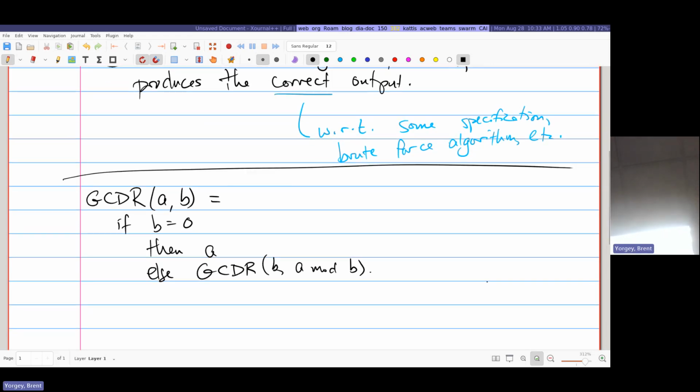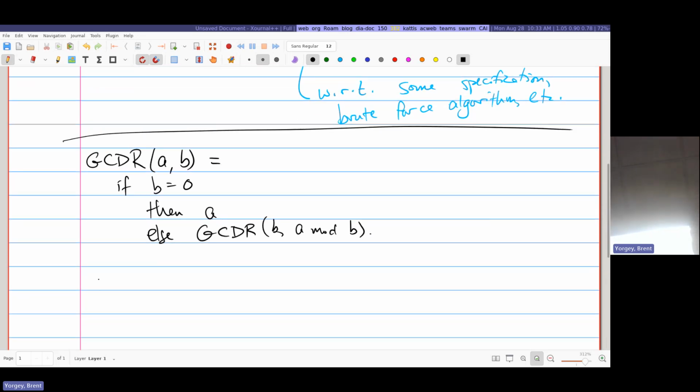First step is to prove that it always terminates. We don't care about what output it gives. We just want to prove that no matter what inputs we give it, it's eventually going to stop and return some kind of answer. So one, proof that GCDR terminates.